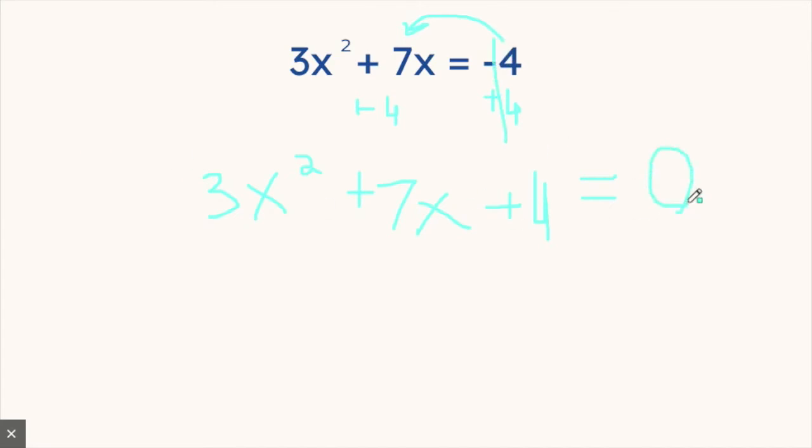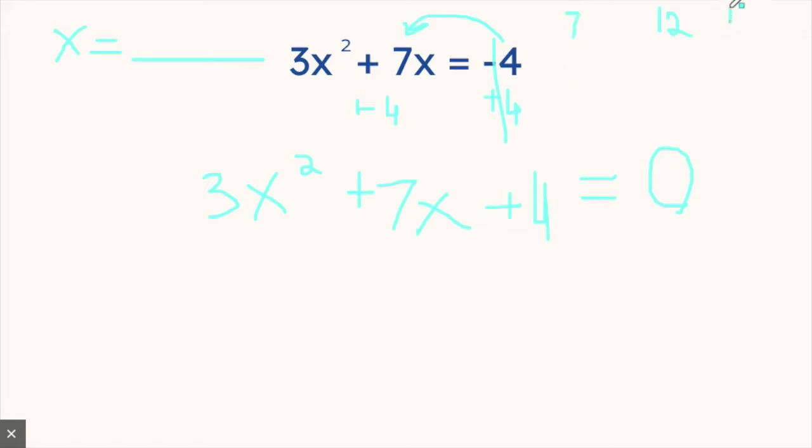Now after we got this form, we need to solve for x, which means we want to get something like x is equal to something. In order to do that, we first factor the expression. The rule for when a wasn't equal to 1 was to multiply 4 and 3, which gives us 12, and then find the multiples of 12 that add up to 7.